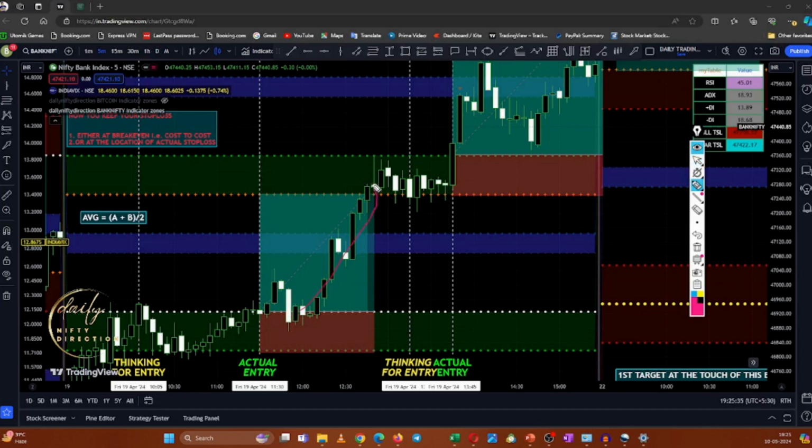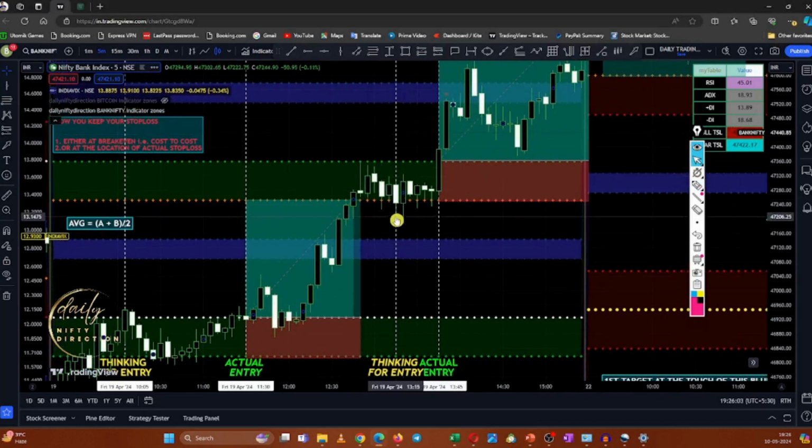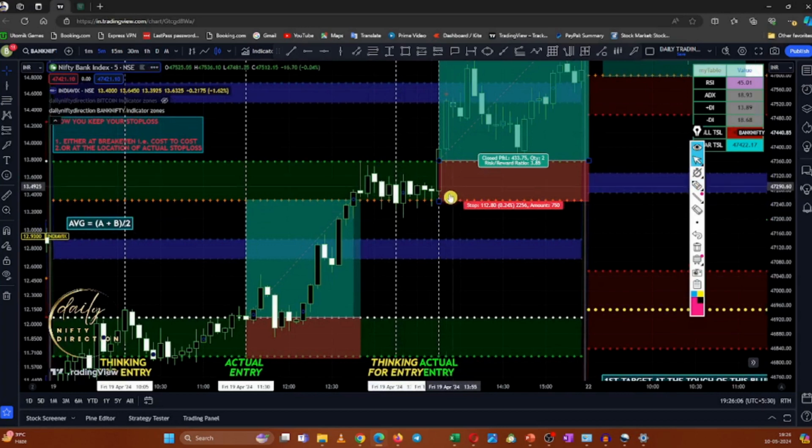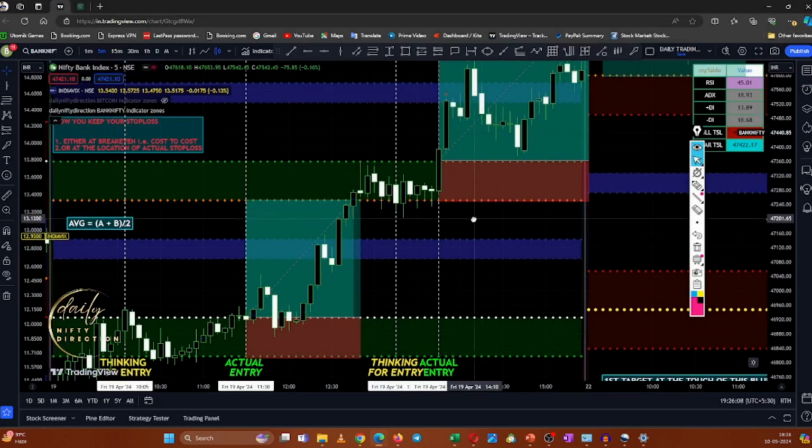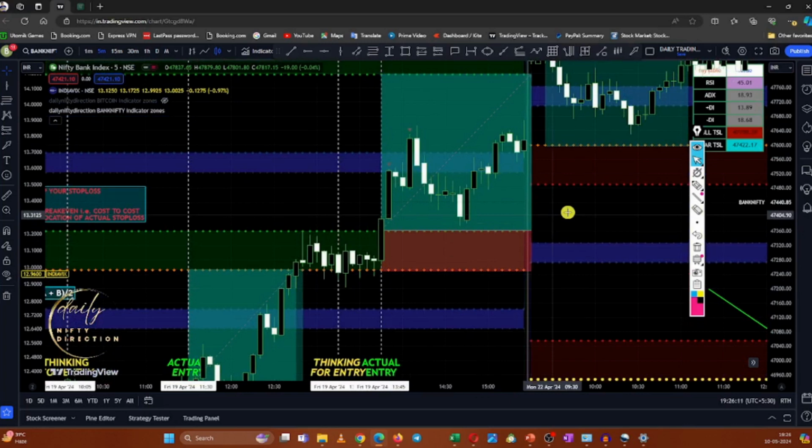And here it struggled very much, and you were waiting for taking entry on the downside, but it never happened. So this is trend trading, guys, in the direction of your previous trend. So you can take direct entry here. Here you were thinking for bearish entry, but here you took your bullish entry and your target will hit.